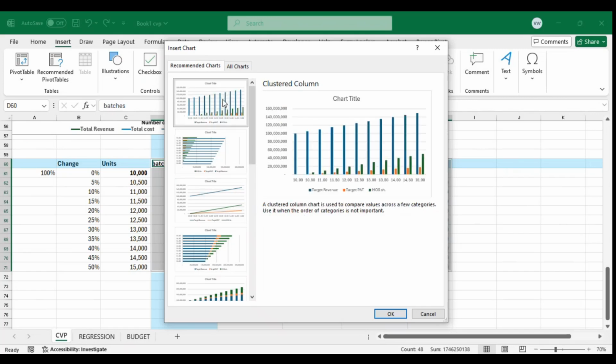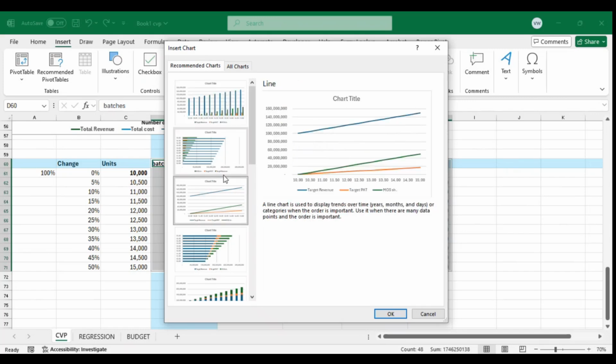Let's see whether we have a chart that is making sense. So the line chart is actually making sense. Let me see if the line chart is making sense. So we can still use the line chart because you can see that it has the line showing the target revenue, the target profit against the number of batches produced. So that one we can show on a graph.